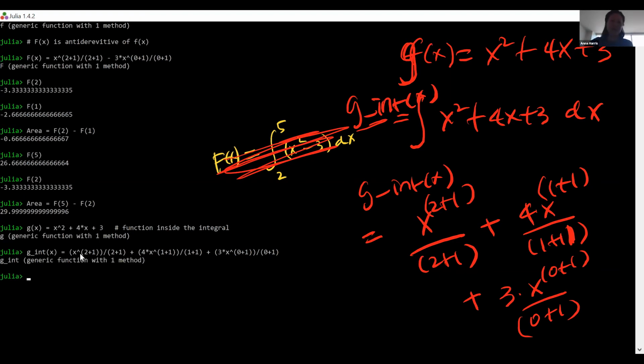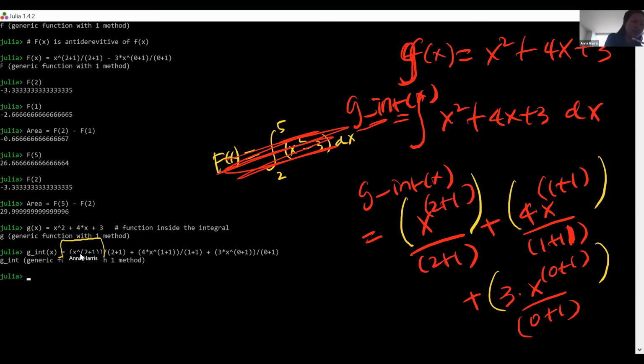By the way, when I put this in my Julia, I want to put new parentheses for this. So Julia knows that this expression is my numerator. That is my numerator.